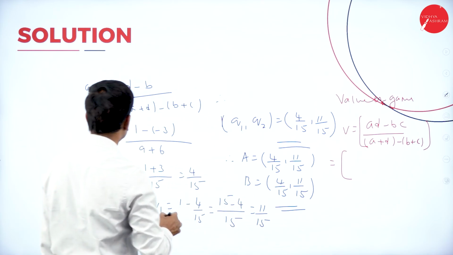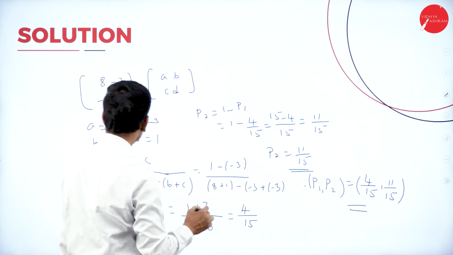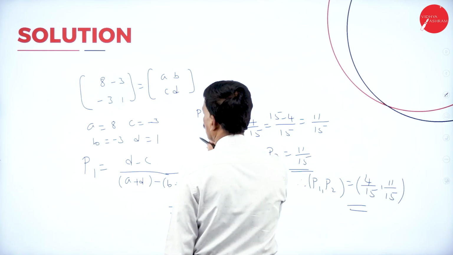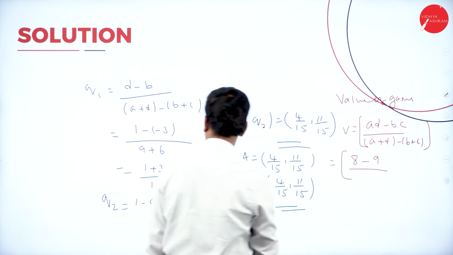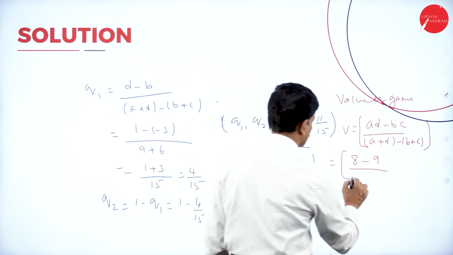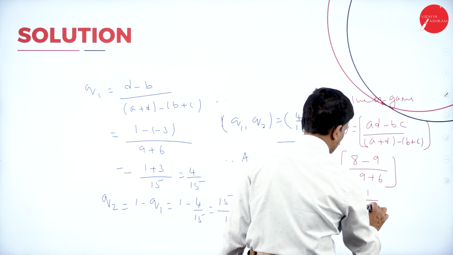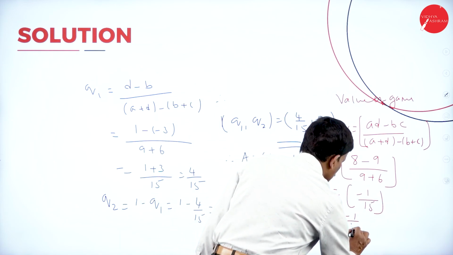A into D, A is 8 into 1, 8 into 1 is 8, minus B into C, minus into minus plus, 3 3s are 9, divided by, in the denominator, 9 plus 6. What is this equal to? Minus 1 by 15. So the value of the game is minus 1 by 15.